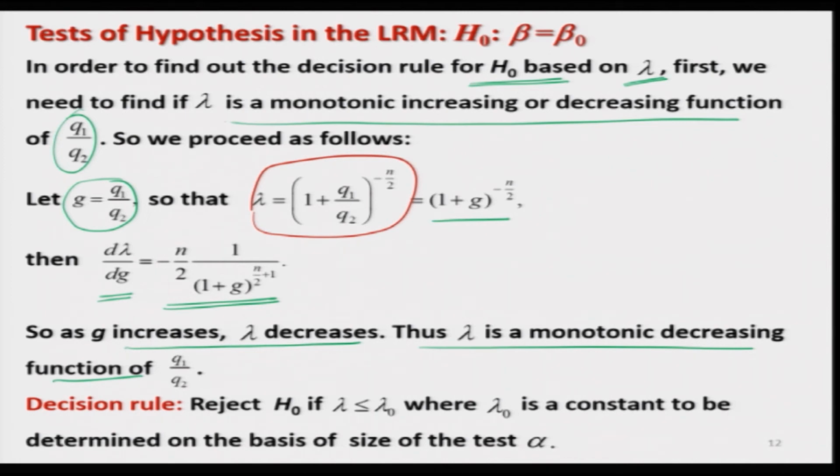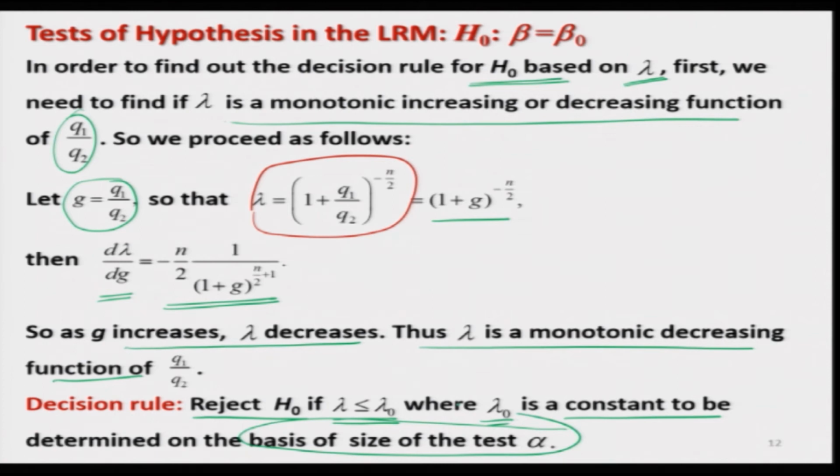So, now once I know that lambda is a monotonic decreasing function of Q1 upon Q2, using the results of the likelihood ratio test, I can give the decision rule as: reject H naught if lambda is less than lambda naught, where lambda naught is a constant to be determined by the condition on the basis of size of the test alpha.